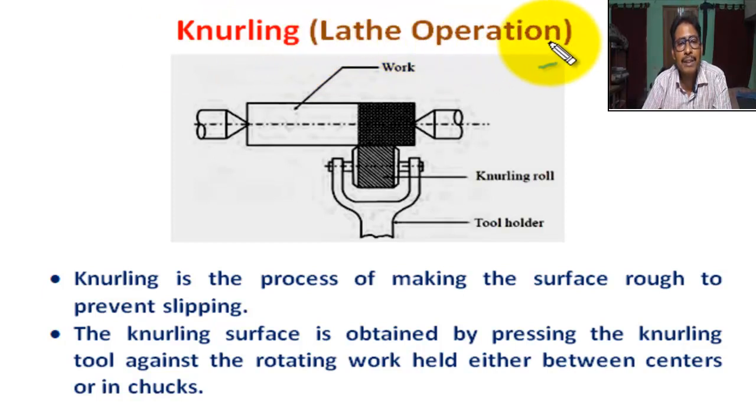lathe operation. This is the cylindrical workpiece held on live center and dead center. This is the knurling roll. This is the tool holder. Knurling is the process of embossing.